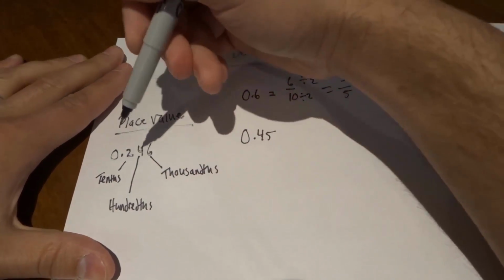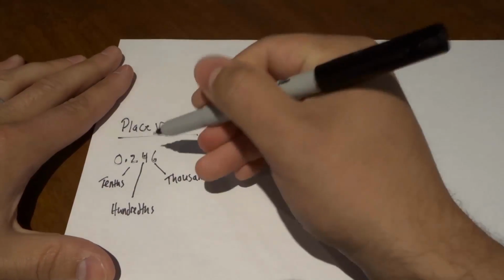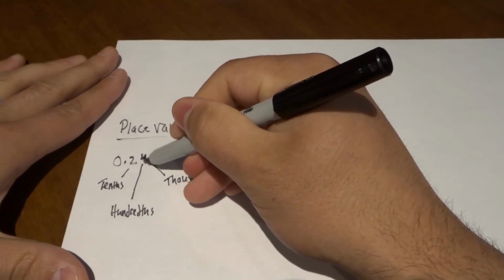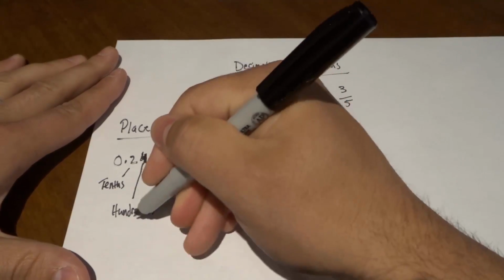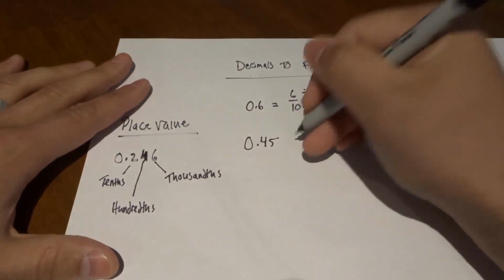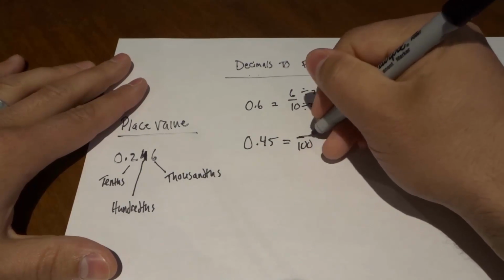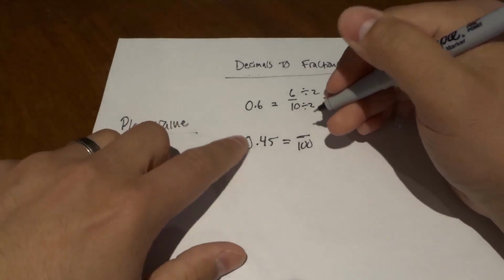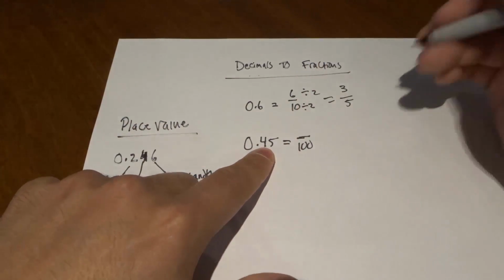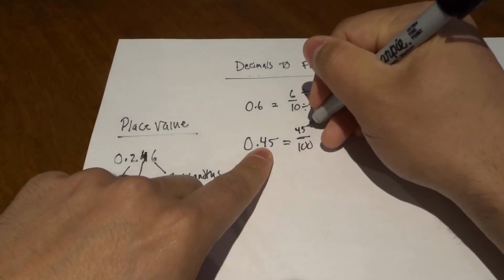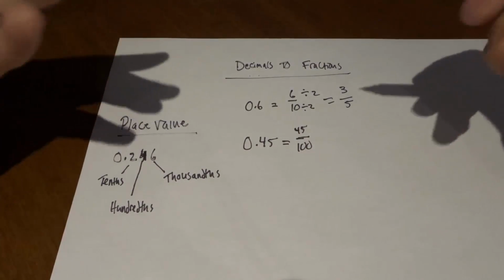Therefore, we're going to be in the second place value, 1, 2. The second place value is going to be the hundredths. So we know that our fraction is going to be out of 100 because it's in the hundredths. And the number that we see is 45. Therefore, we have 45 out of 100, and that is our fraction.